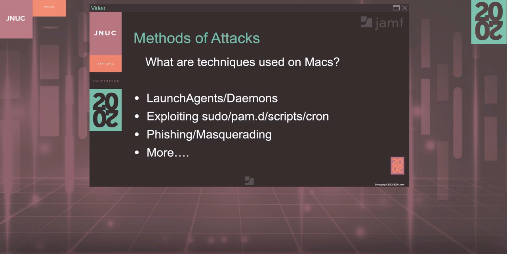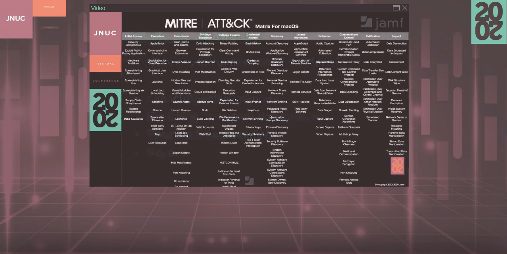There are many more that we find when approaching techniques, tactics, and procedures on macOS. This is an example of all of the different categories, otherwise known as TTPs, techniques, tactics, and procedures, that the MITRE Corporation has found on their ATT&CK matrix for macOS.